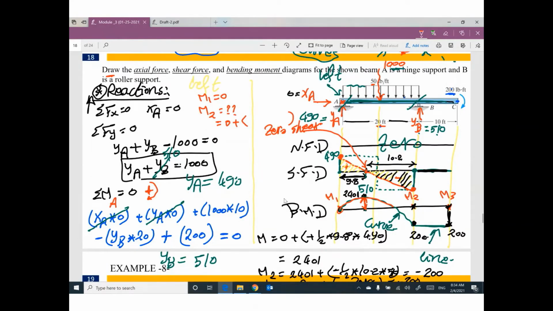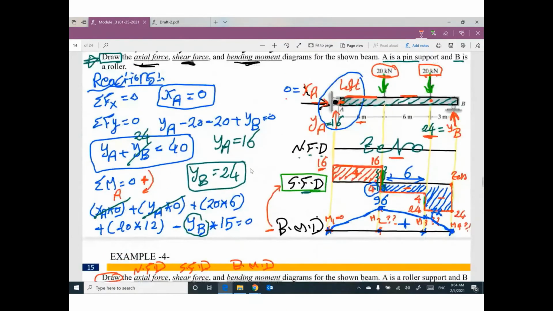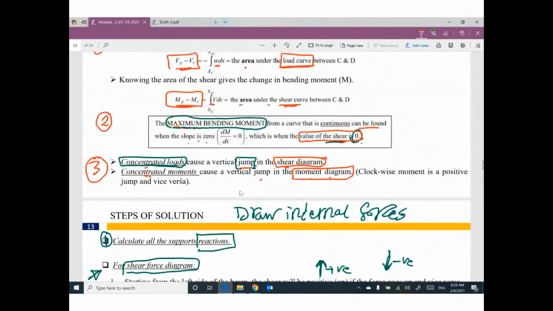I covered this before, if you remember. We have a rule here. Maximum bending moment occurs where the shear is zero.